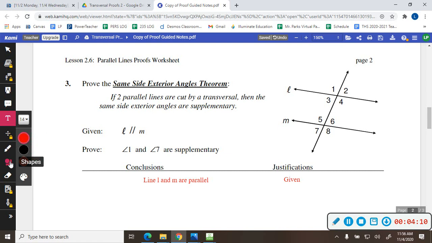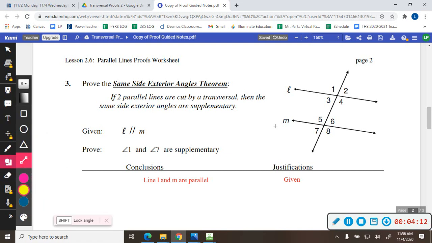So what that means is that these are my parallel lines. Those are parallel. They tell me that those are parallel. So there's special relationships. And technically I could then say that 1 plus 7, I could technically do this.